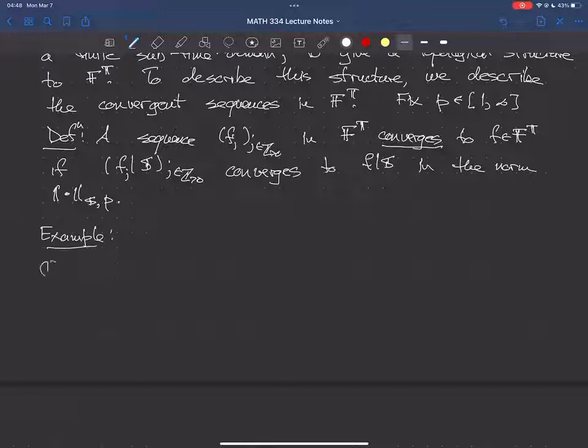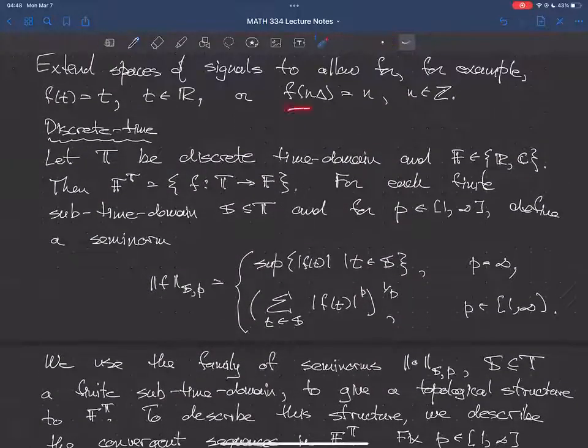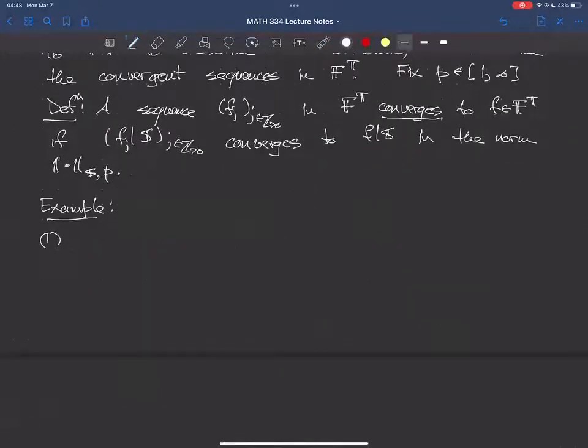All right, so let's look at our example here. I'm only going to do that example. Let T be Z delta, so the time domain goes from minus infinity to plus infinity, and let F of n delta equal n.